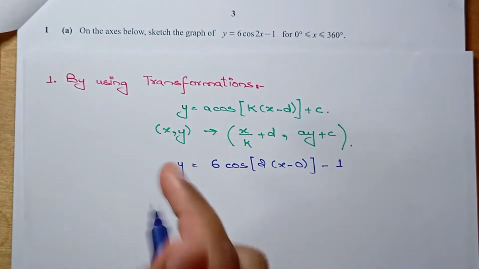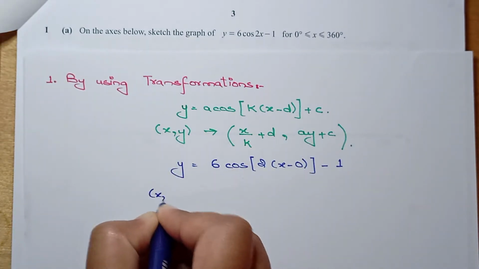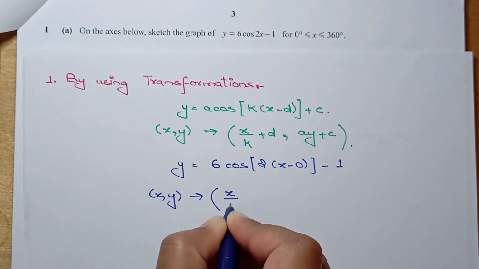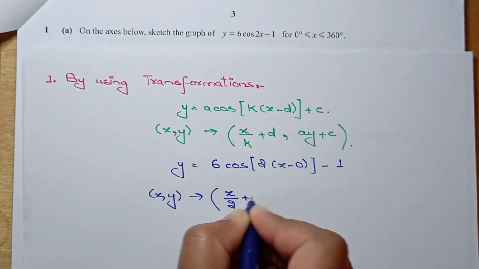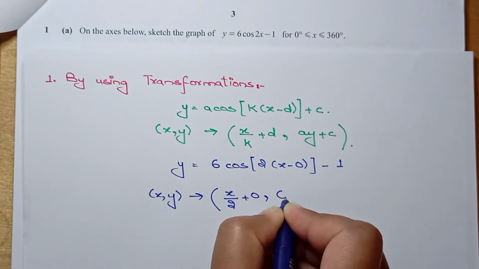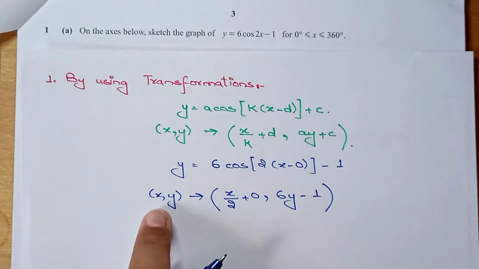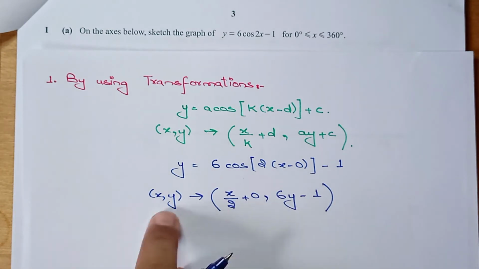Just substitute into this formula. So the x, y coordinates change to x over k, which is 2, and d value is 0, and a is 6, y, and c is minus 1. So x changes to x by 2 and the y coordinate changes to 6y minus 1.